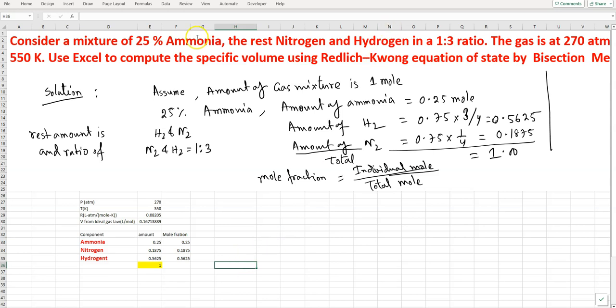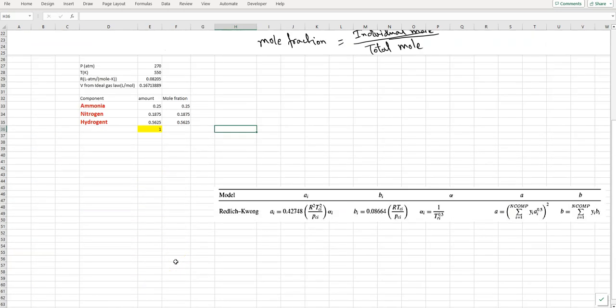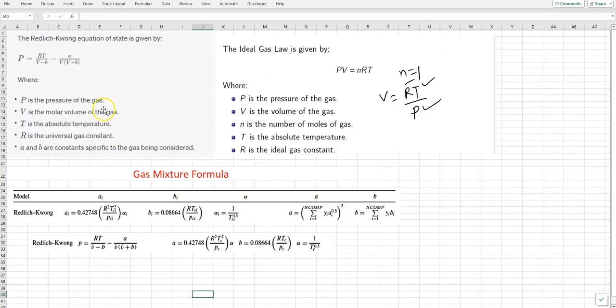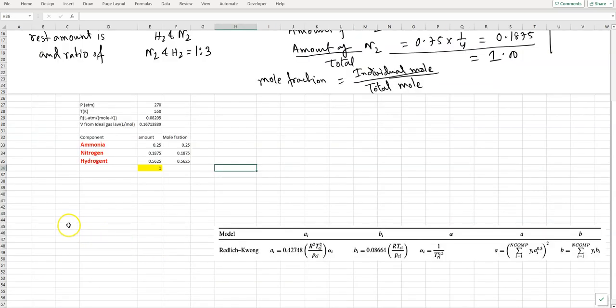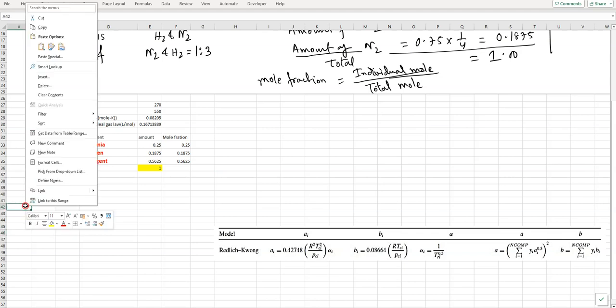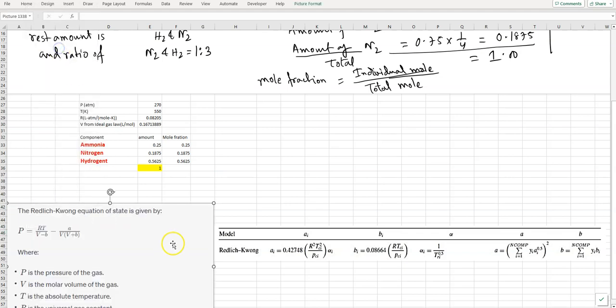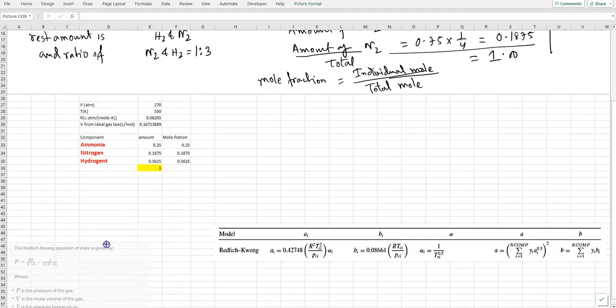Now we have to calculate the specific volume using the Redlich-Kwong equation. So what is the formula?